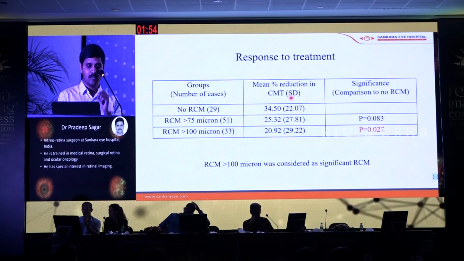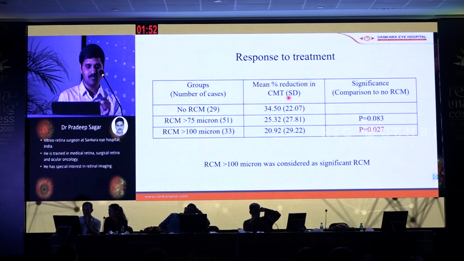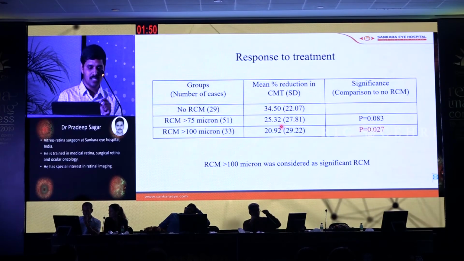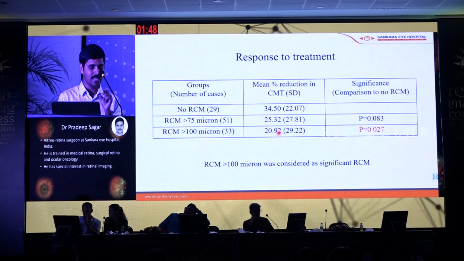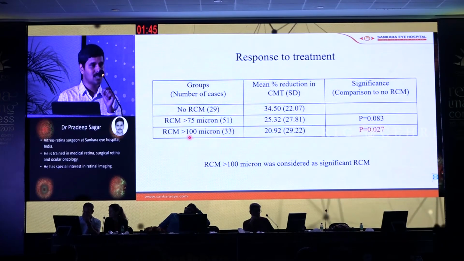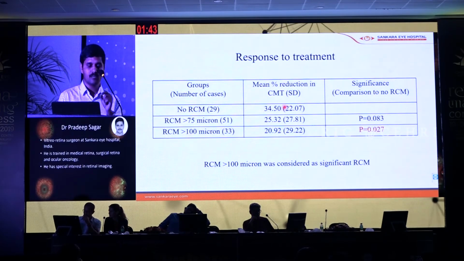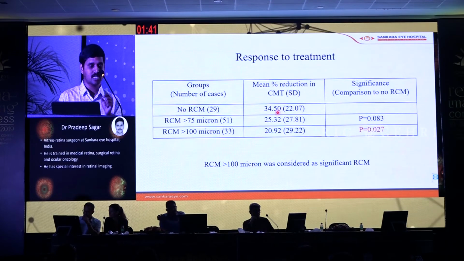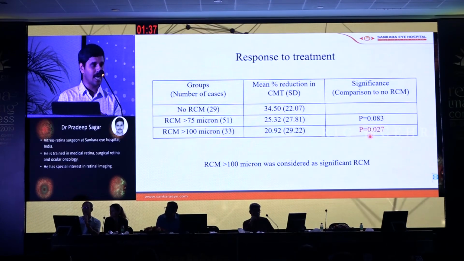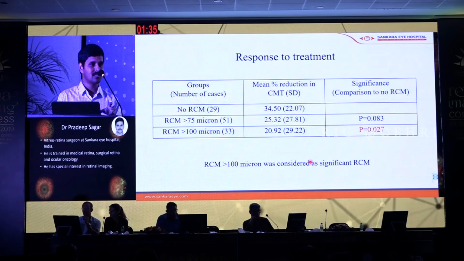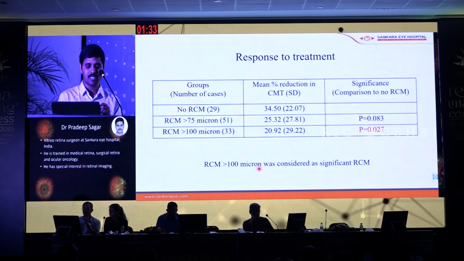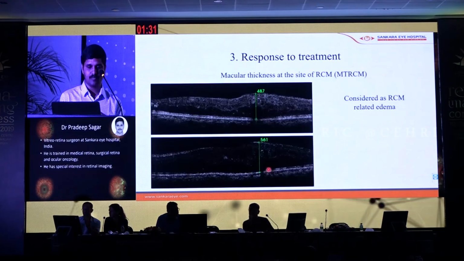But when we compared the percentage reduction in CMT, what we could note was the percentage reduction in CMT was just around 20% in cases with RCM more than 100 micron, whereas the mean percentage reduction was around 35% in cases with no RCM, and it was statistically significant. So we considered it better to include only more than 100 micron as a significant RCM.